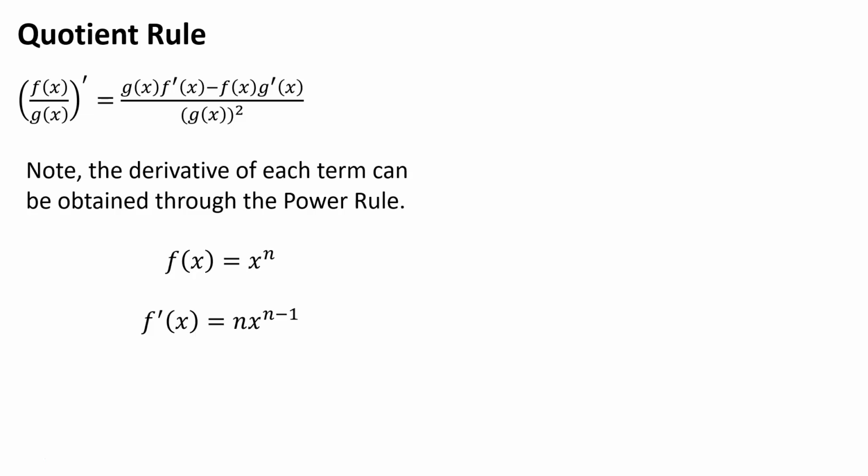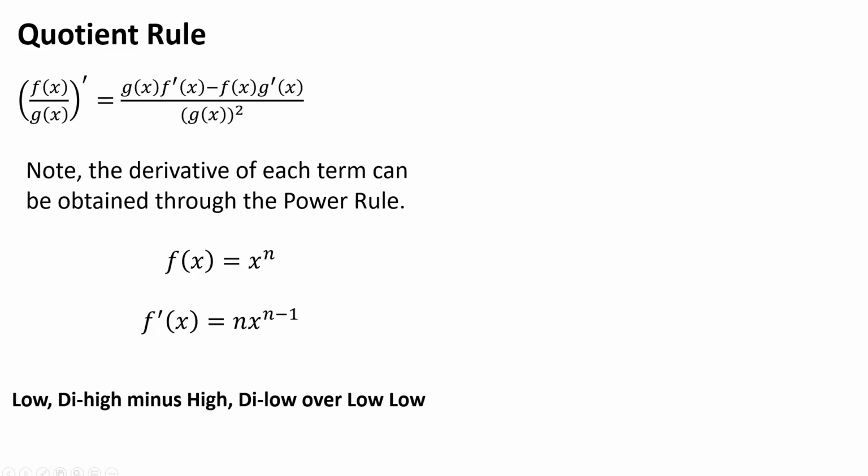If you have a function x to the n and you want to take its derivative, you take the exponent as a coefficient of x and then subtract 1 from the original exponent. So we can apply that to the quotient rule. You'll see how, just like with the product rule, it's easier just to go ahead and do all the derivatives of all your terms beforehand and then apply them to that standard form.